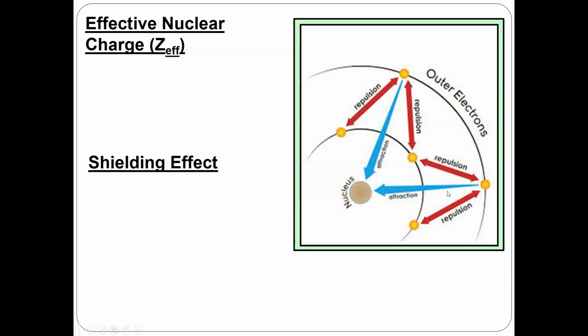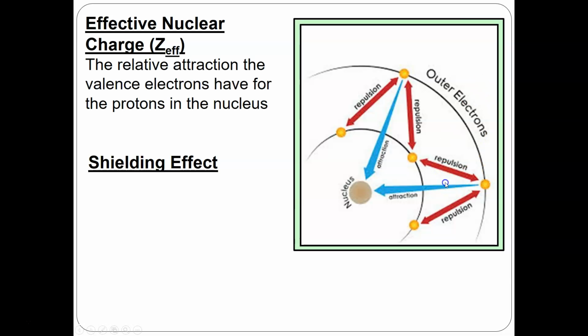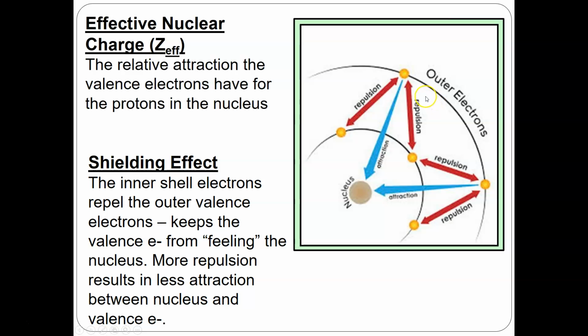I love this diagram. What it's showing you in blue is the effective nuclear charge concept, that the nucleus is trying to pull in these electrons. The nucleus is positive, electrons are negative. This electrostatic attraction is trying to pull them closer together.